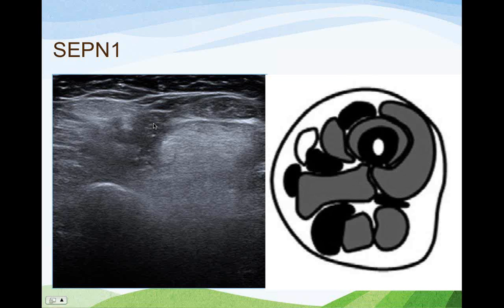Adductor longus, least affected, right here. Black is least affected, and adductor magnus is more affected. So pretty consistent. Based on a clinical exam, I usually come up with a differential diagnosis, but if I saw this on the ultrasound, I think it would be really easy to hone in on what might be going on with the patient.